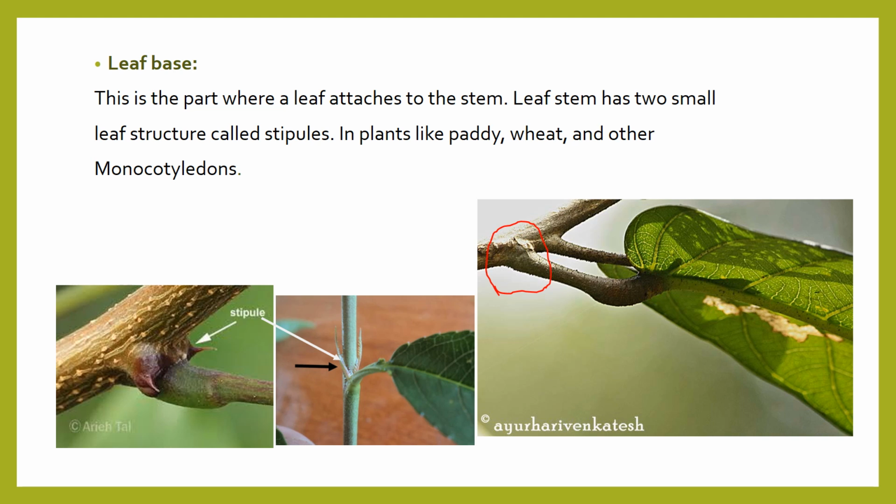You can find these stipules, but other types of plants have no stipules. So you may or may not find them. Now you know the leaf base.